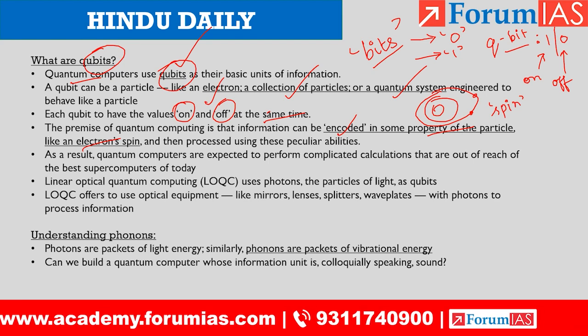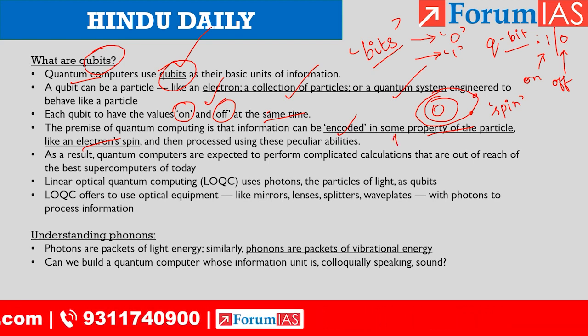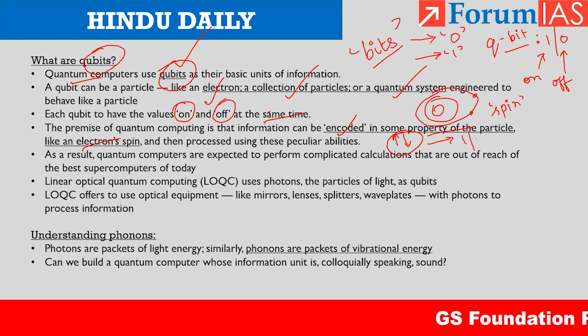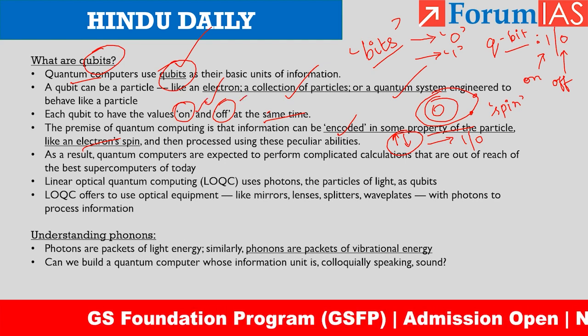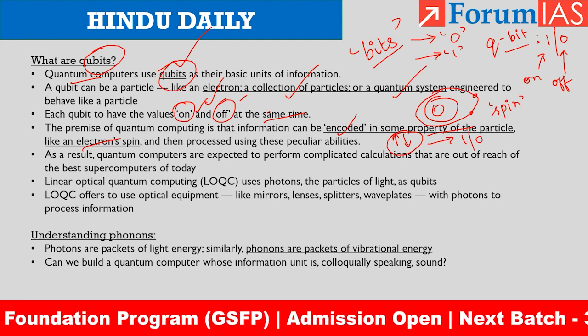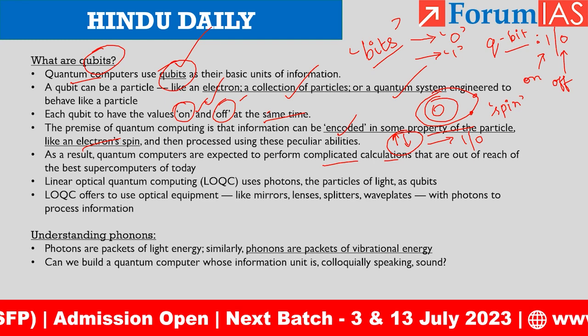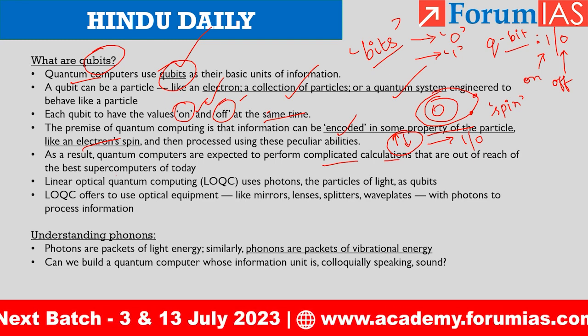Okay, so what happens is, an electron can spin clockwise or it can spin anti-clockwise, right? So in this way, this spin is used to code for 1 or 0. Okay, so at a time it can have on value and off value. That is why this quantum computer can perform complicated calculations that are out of reach for the best supercomputers of today.